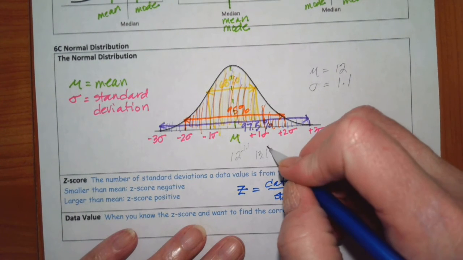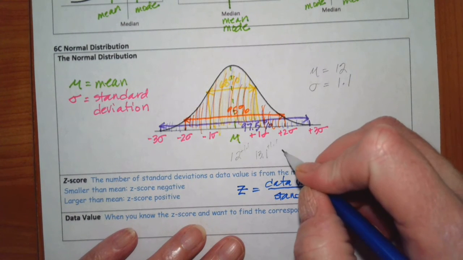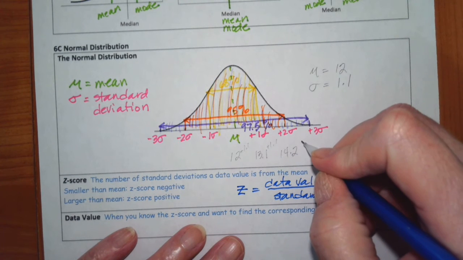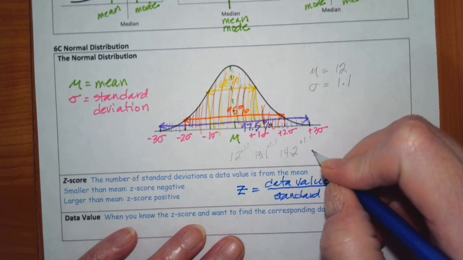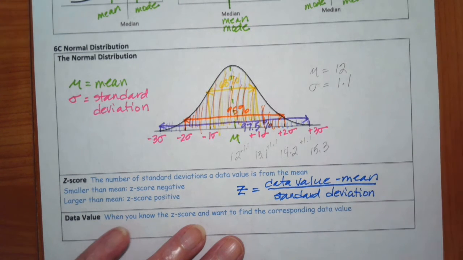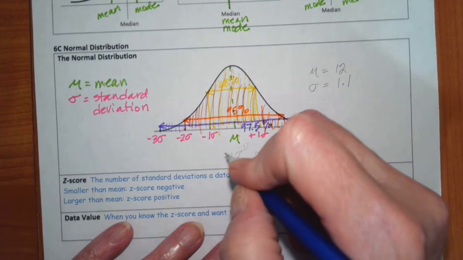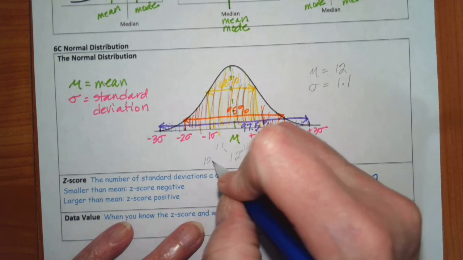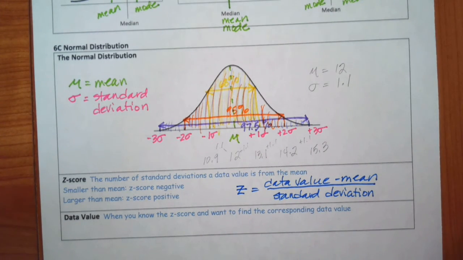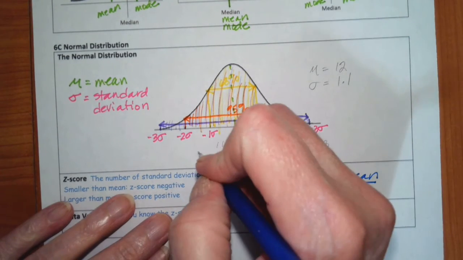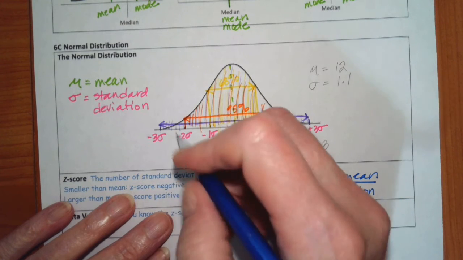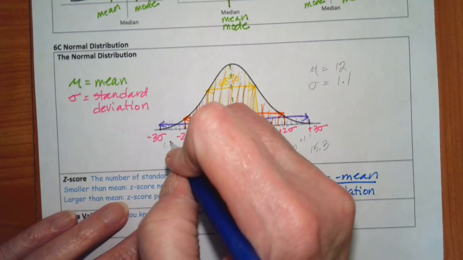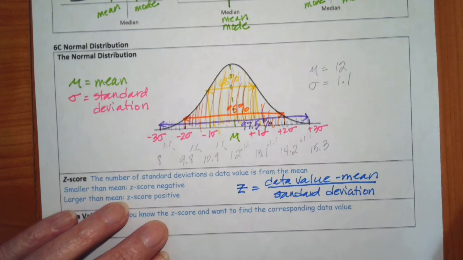Add another standard deviation, and that gives me 14.2. Add another standard deviation, and that gives me 15.3. If I subtract 1.1, I get 10.9. If I subtract 1.1, I get 9.8. And if I subtract another 1.1, I get 8.7.